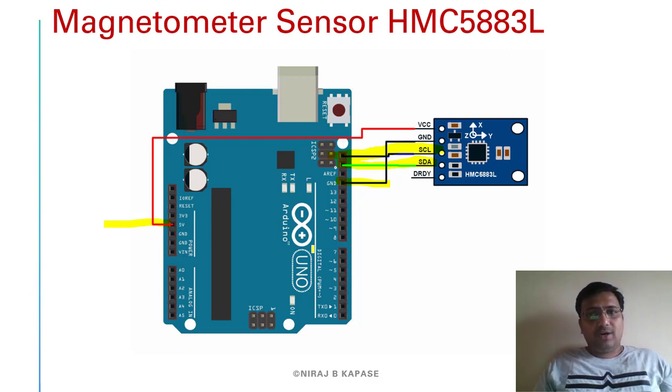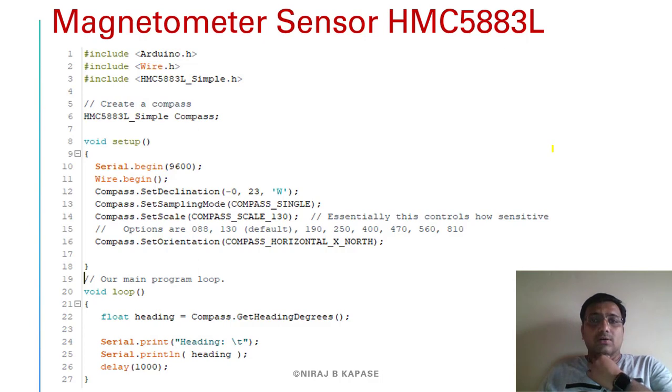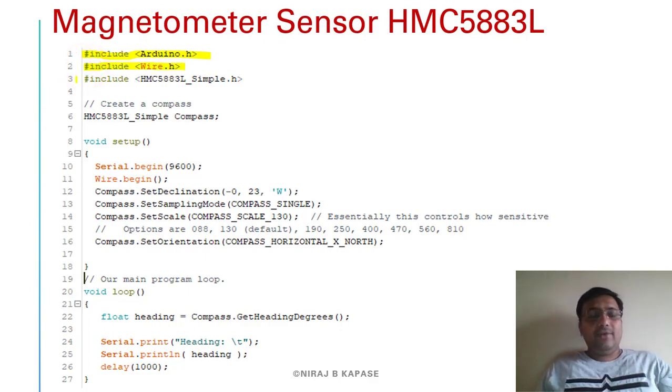Now we'll see the programming of this, how we are going to interface this, and how we can write a program for HMC5883L. This is the program for HMC5883L. Here we are using Arduino.h, a header file. Then it uses wire programming mode, that's why we include wire.h.